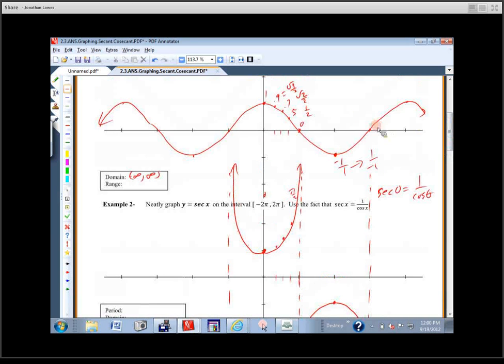Okay. These are small positive numbers, right? What's their reciprocal? Big positive numbers. So it looks like this. This function value right here is 1, so its reciprocal would be 1, so it looks like this.